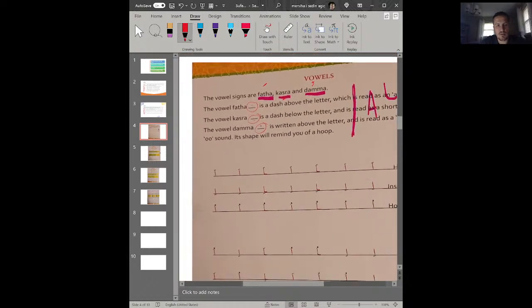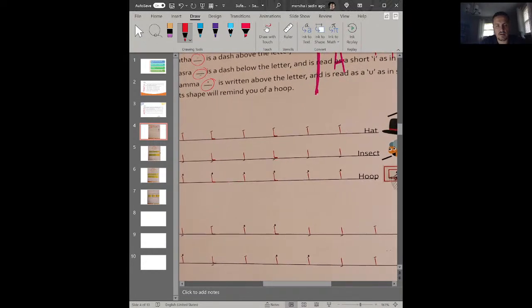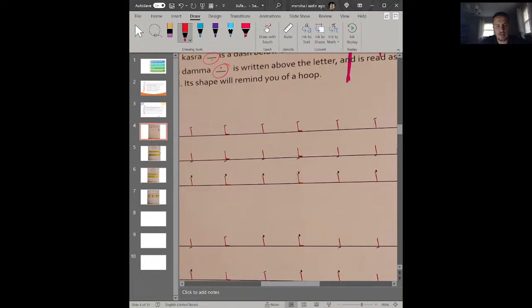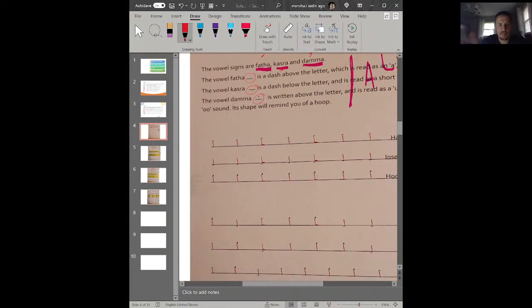So basically, we said that we are reading and writing from right to left. Here we have the letter Alif, and the letter Alif connects only from the right side.